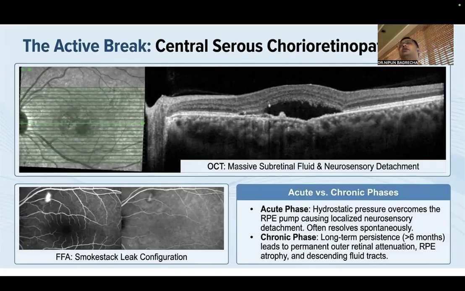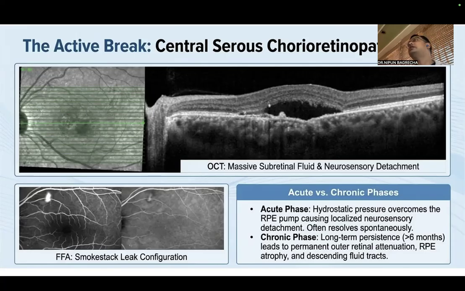But some patients want to get rid of the CSR very early. Suppose the patient is a pilot with a demanding job. Then we can always do a fundus fluorescein angiography. There are three main characteristic patterns in acute CSR.